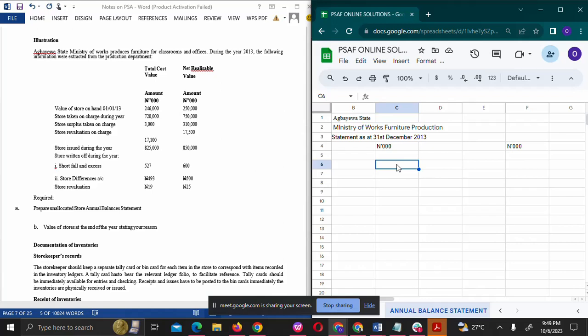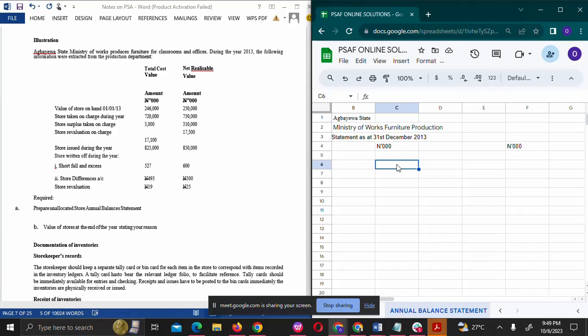So the first thing we want to do is to use the total cost value for the annual balance statement. Because the standard says that inventory should be measured at lower of cost and net realizable value. That's IPSAS 2.